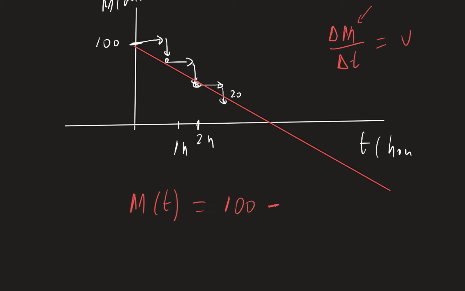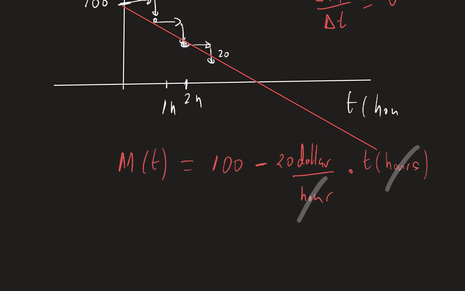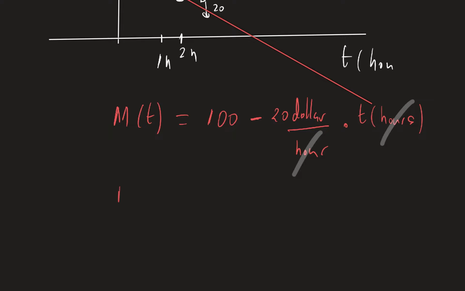Now your money is decreasing at a rate of $20 per hour. When you multiply by t in hours, the hours will cancel, and the equation will be m of t equals 100 minus 20 times t.